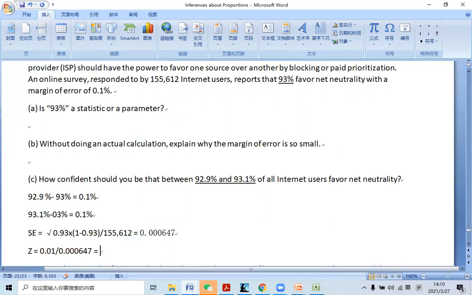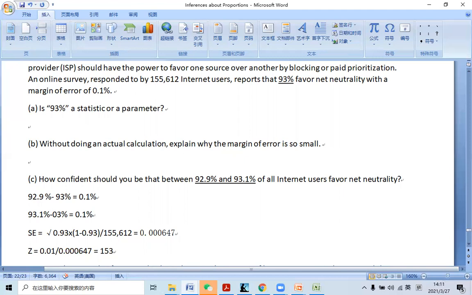That's how many standard deviations it is from the observation. That's 153 standard deviations away from the mean.